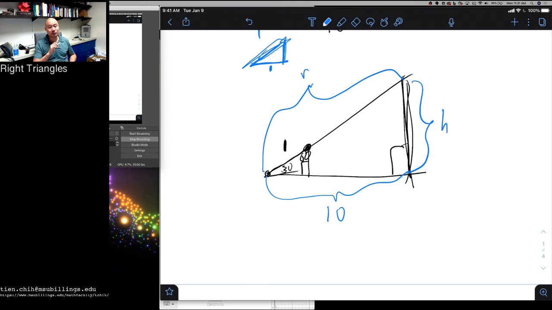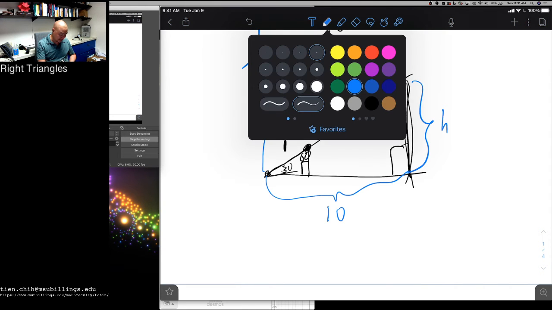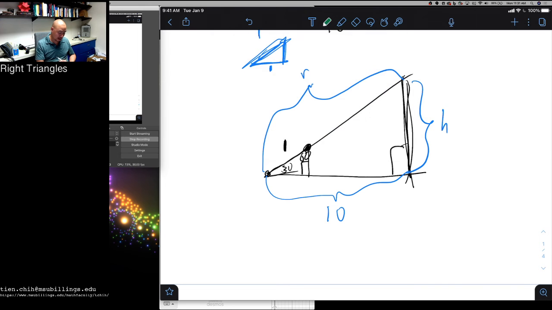But I know some more about this than that. I don't know what h and r are, but I do know some dimensions of this triangle here. I know the hypotenuse is length 1. I know that the height is 1/2 and that the base is square root of 3 over 2. Right?